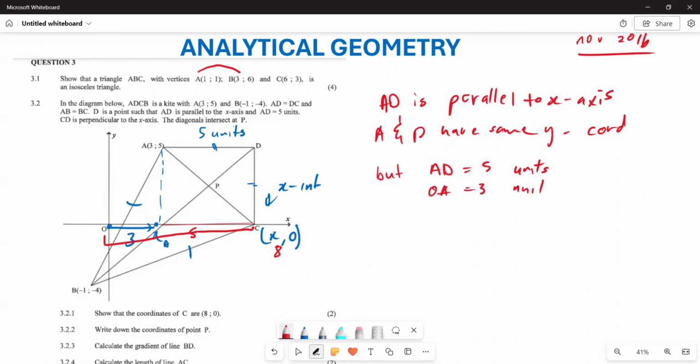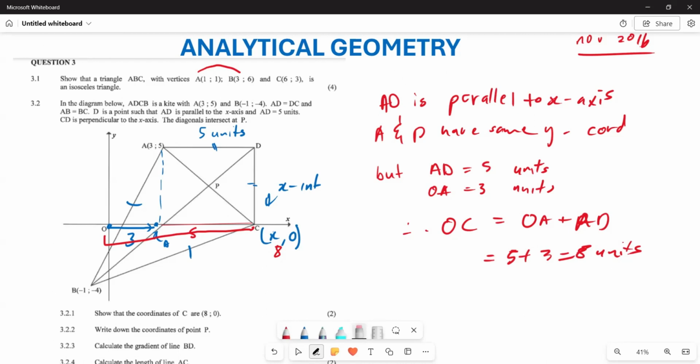Therefore your OC is given by OA plus AD, which is 5 plus 3, which is going to be 8 units altogether. Remember, I am doing this because they wanted us to show that. So this is me trying to explain what happened here. Hopefully this makes sense to you now.